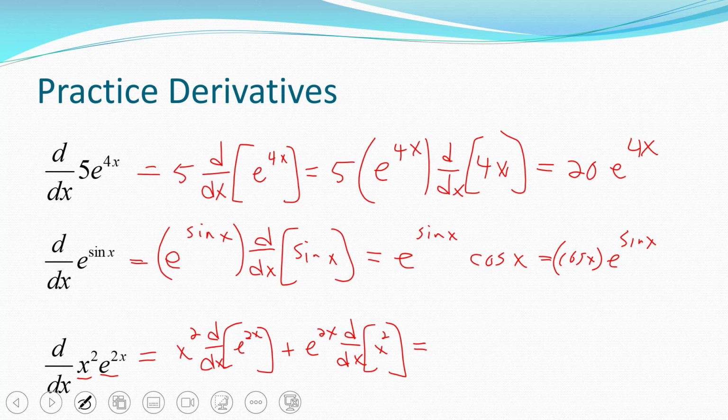That would then be x squared. The derivative of e to the 2x is e to the 2x. I then multiply by the derivative of the exponent. That's only 2, so I'll put that 2 up front. Then I have plus e to the 2x, and then times the derivative of x squared, which of course is 2x. Now we don't leave the answer this way.